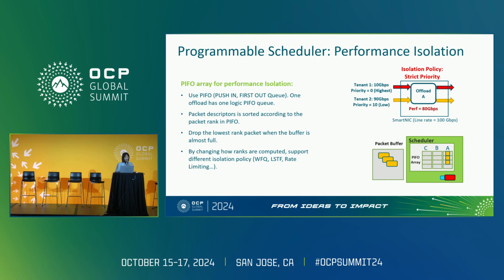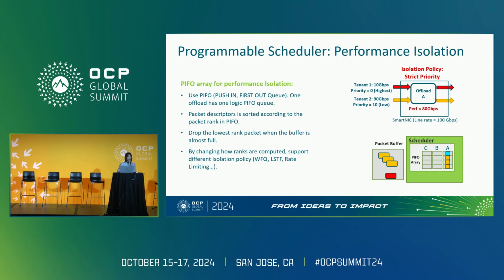So here is an example. Let's say we have tenant 1 and tenant 2 traffic, with tenant 1 having higher priority than tenant 2, and they are sharing a bottlenecked offload A. In this case, when the higher priority, tenant 1 traffic packet enters the scheduler, its packet descriptor will be put into the front of the queue, which ensures that these high priority packets will be served first.